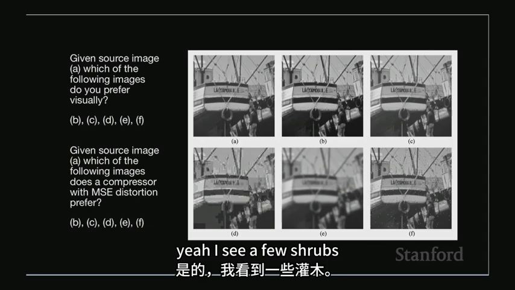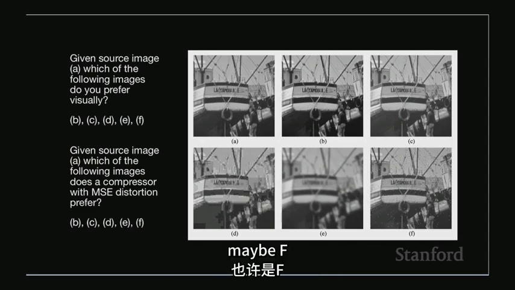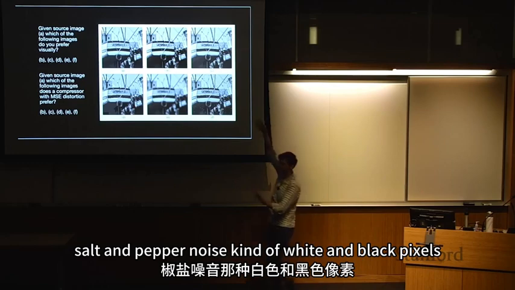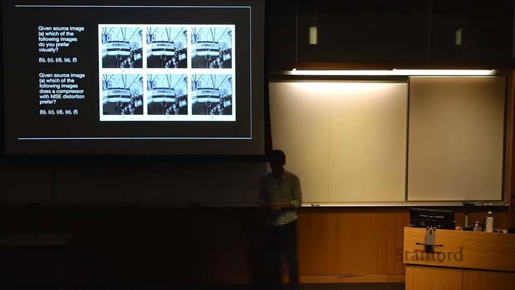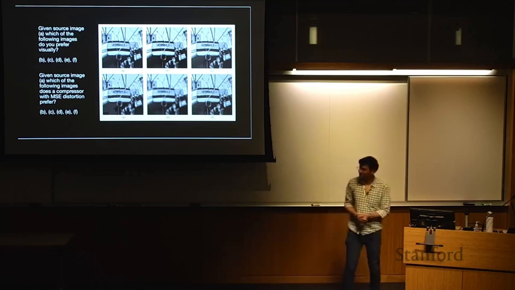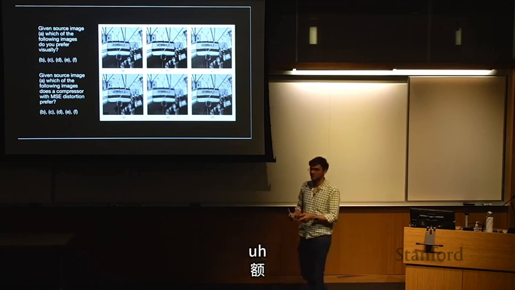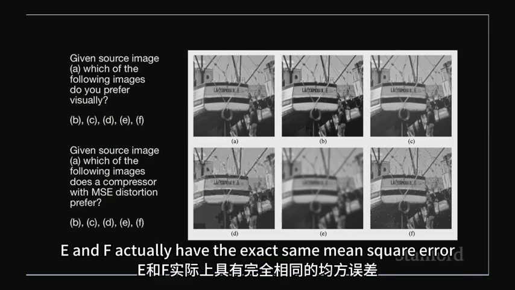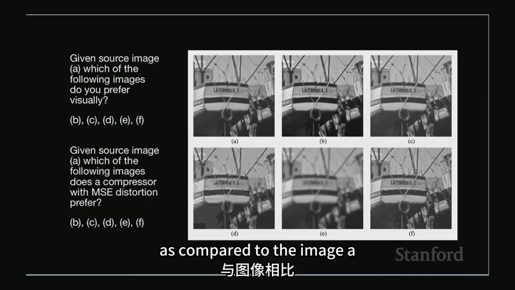Okay, I see a few shrugs. Maybe F. It looks like the same image except for a few salt and pepper noise kind of white and black pixels. Okay, somebody said F. Actually, this one was a trick question. All the images B, C, D, E, and F have the exact same mean square error compared to the image A.